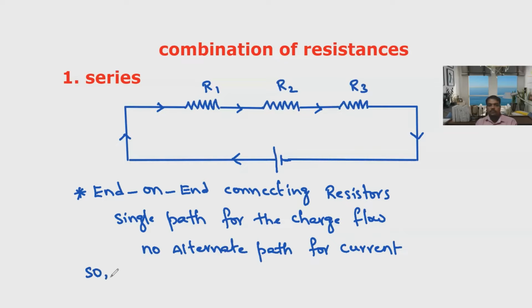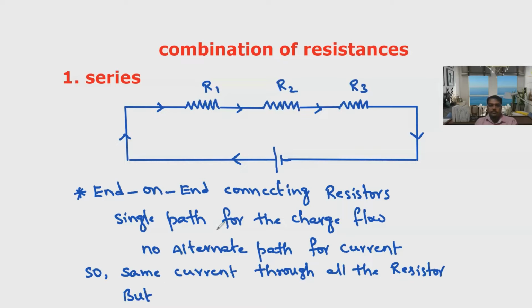So the same current flows through all the resistors. But voltage divides.